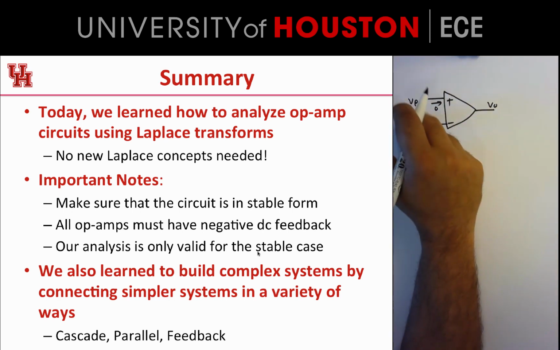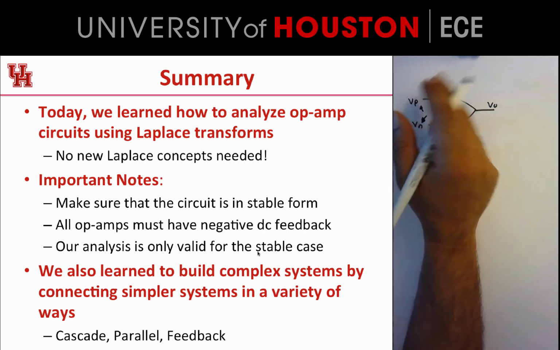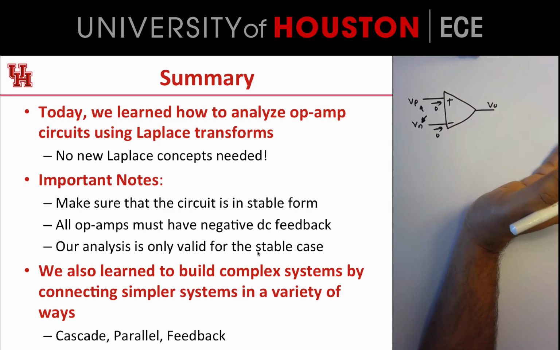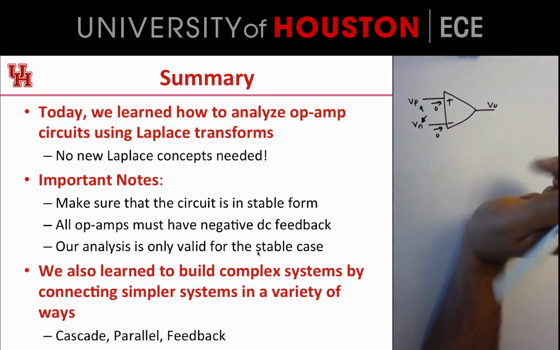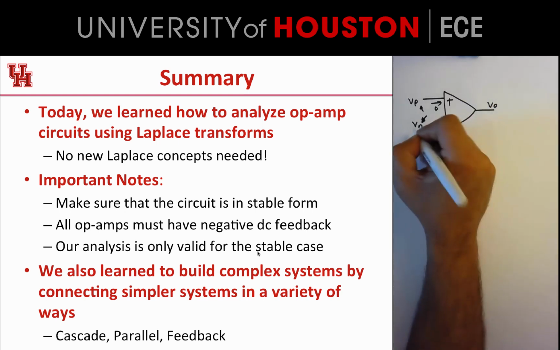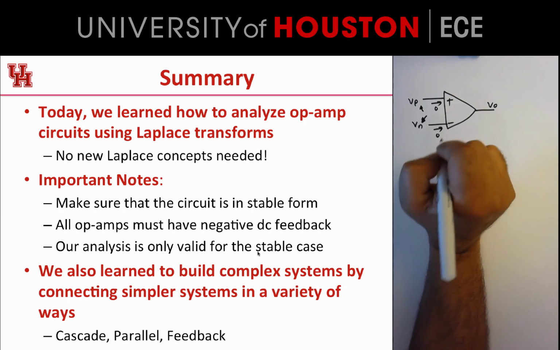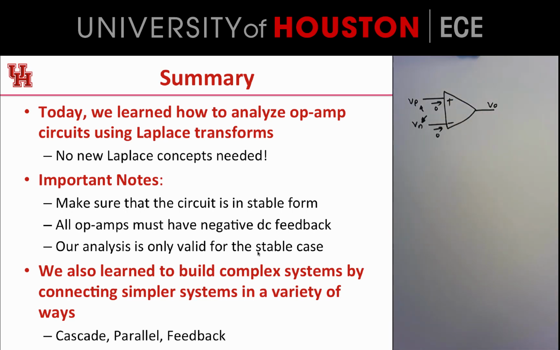As long as we embed these constraints into the circuit, the circuit analysis is very straightforward. You just need to know that this voltage is VO, this voltage is the same as this voltage, and there's no current going in there. You can use whatever circuit analysis technique you're most comfortable with, KCL, KVL, the voltage divider, and any other tricks that you learn along the way. They're all fair game, and you can apply them.